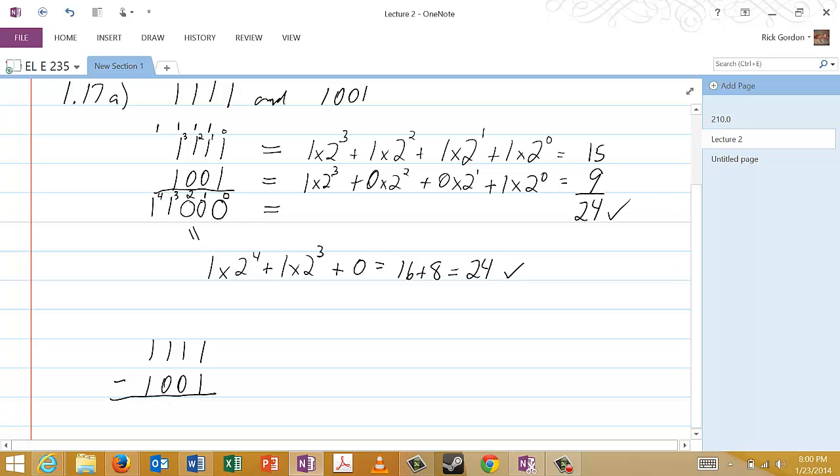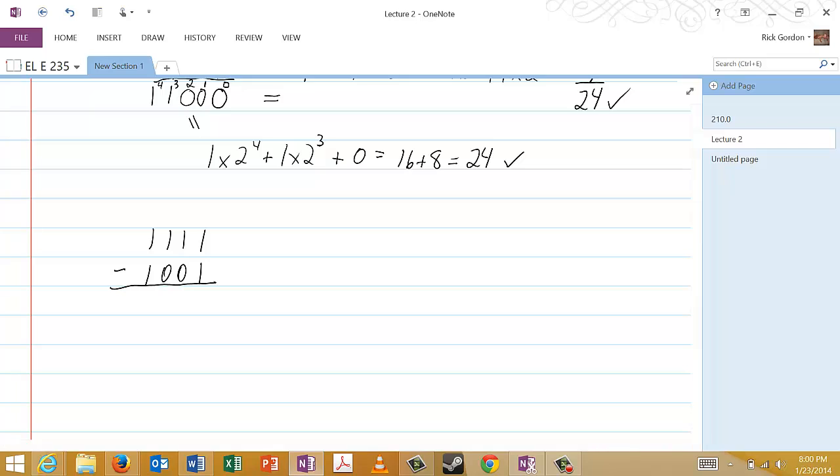And let's see how this will go. Well, starting at the right, 1 minus 1 is 0. And then 1 minus 0 is 1, 1 minus 0 is 1, and 1 minus 1 is 0, which you can write down if you wish, but you don't have to write it down. So we conclude that 1111 minus 1001 is 110.